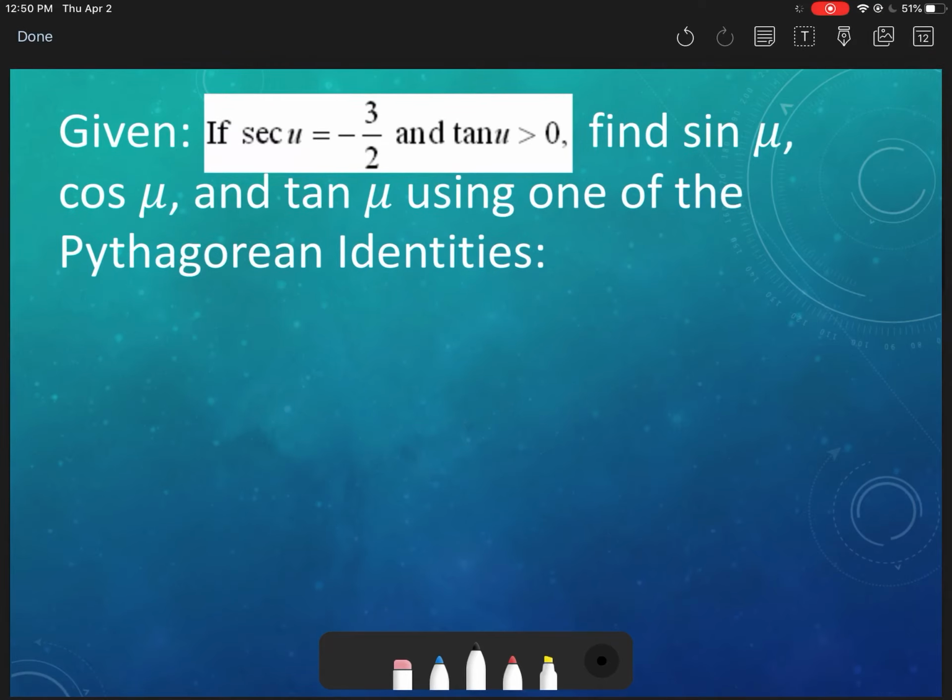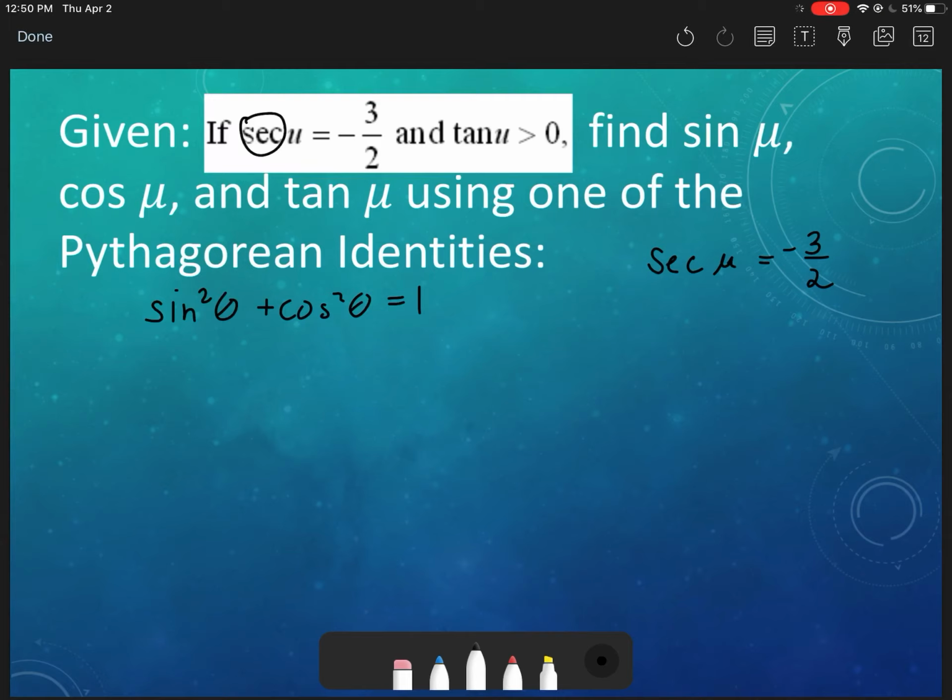If you said sine squared plus cosine squared, you are correct. Sine squared theta plus cosine squared theta equals 1. So we have secant. Remember what secant is. Secant of u equals negative 3/2.